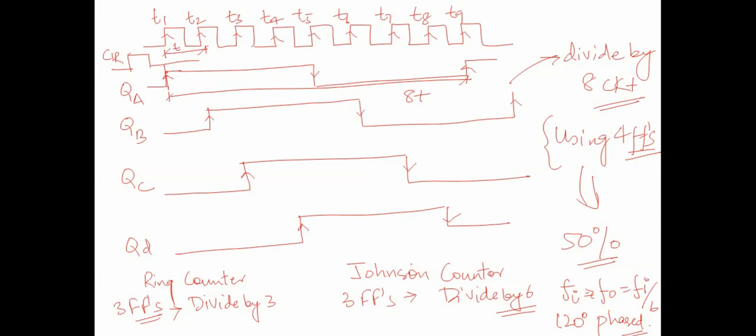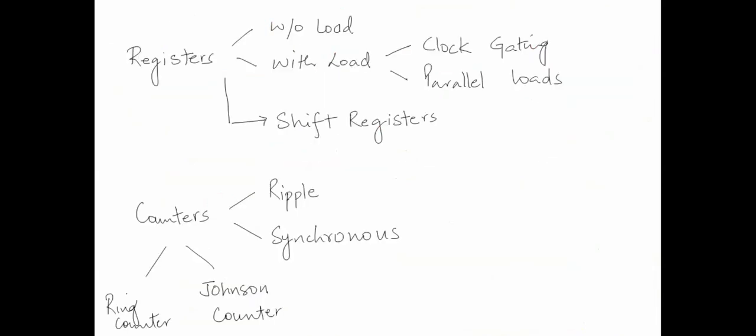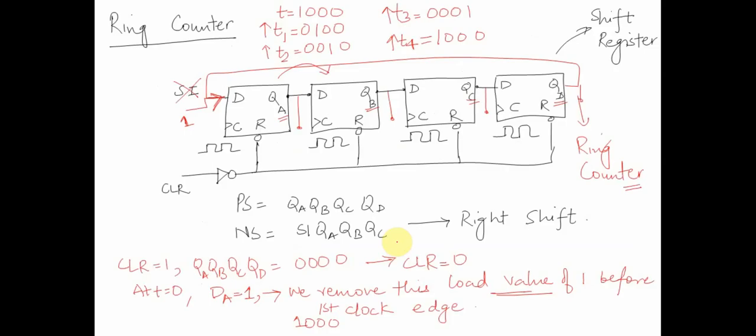So this is an example of a Johnson counter, and these are two special kinds of counters which I wanted to cover in this lecture, where we used some concepts of shift registers coupled with synchronous counters. We created a feedback loop when we connected QD back to the input D and preset to a value.